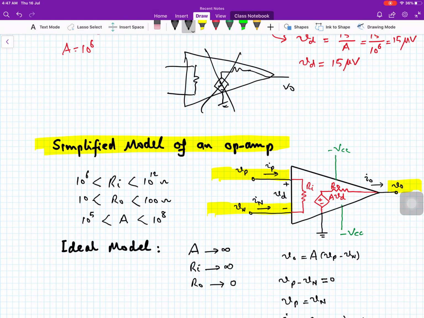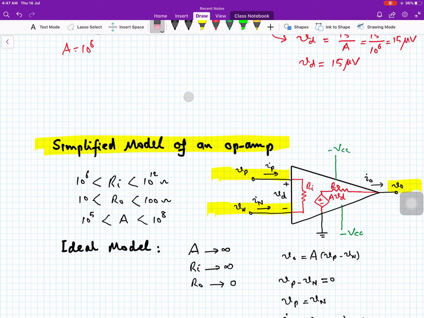No. It is basically a big circuit, as I have told you, around 20 transistors, 8 to 10 resistors and a few diodes. It is the voltage and current behavior observed at the inputs and output, due to which we perceive that it can be modeled as the three circuit elements over here: input resistance RI, output resistance RO, and A VD.